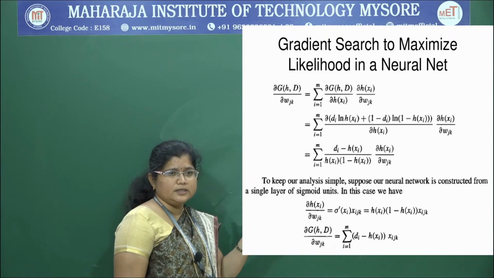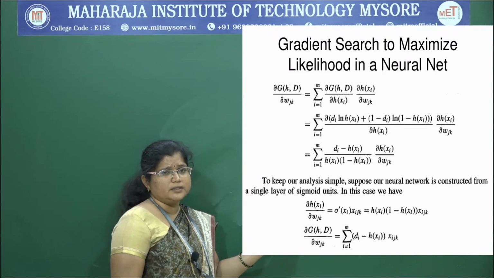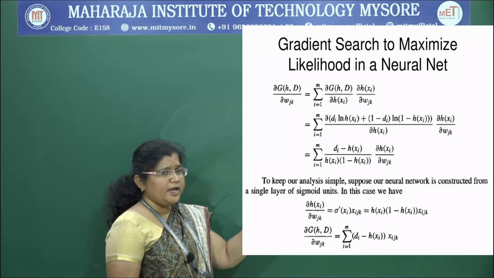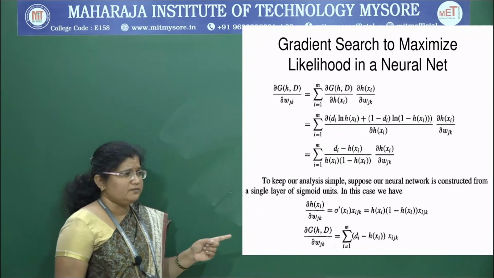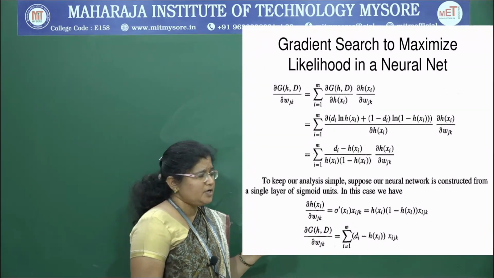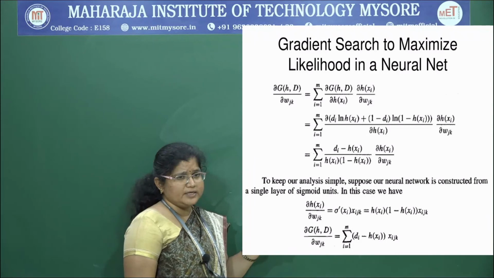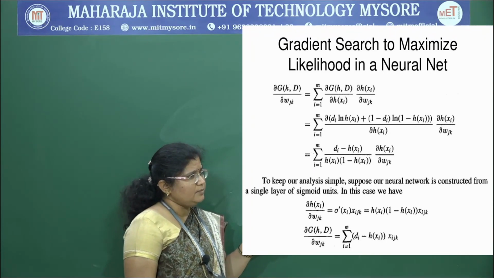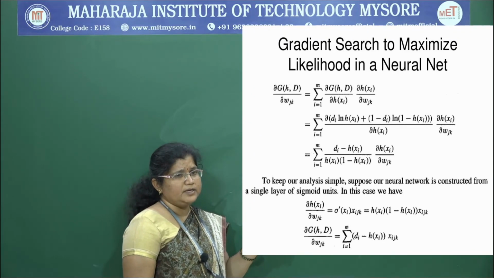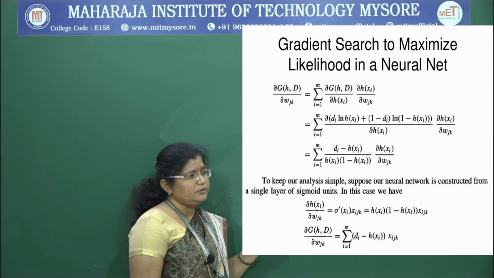So, by placing that maximum likelihood equation, we are going to have this particular part multiplied by the partial of h of x_i divided by the partial of w_jk. With these partial derivatives, the equation 1 we obtained here is the summation of i equal to 1 to m of (d_i minus h of x_i) divided by h of x_i into (1 minus h of x_i), multiplied by the partial of h of x_i divided by the partial of w_jk.